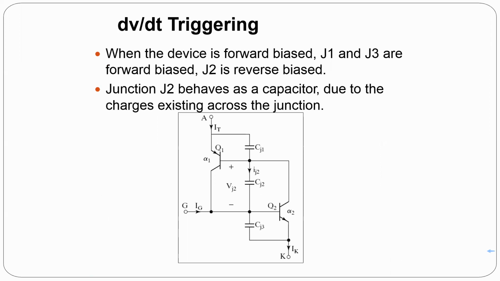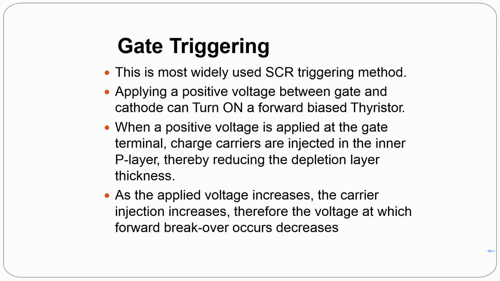In this case, what happens? When the device is forward biased, the J1 and J3 junctions are forward biased, but the J2 junction is reverse biased. At the J2 junction, we have a capacitance due to the charge existing across the junction. So we have to forward bias the J2 junction.